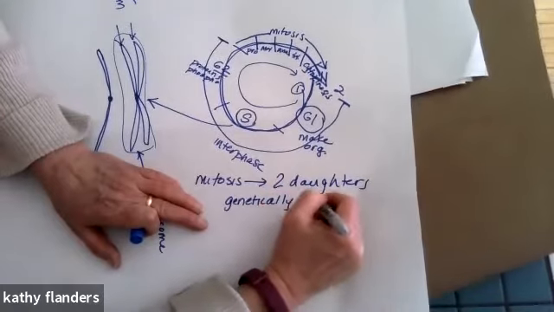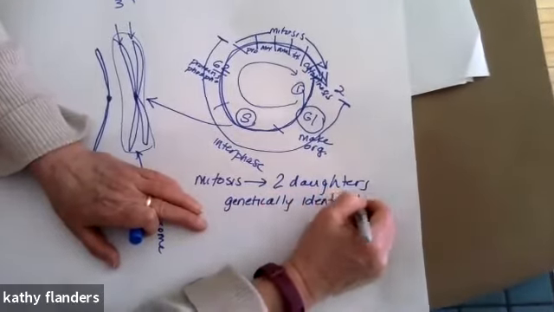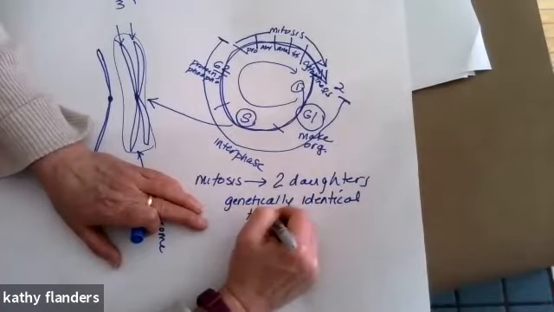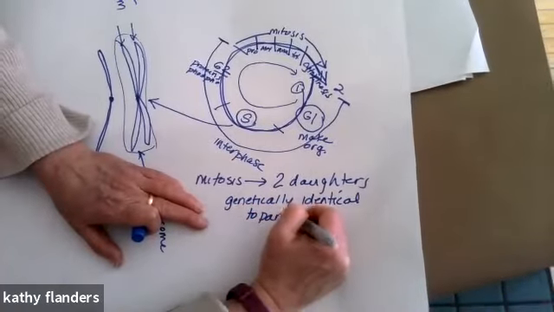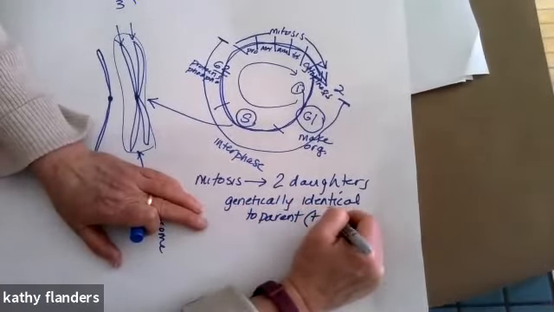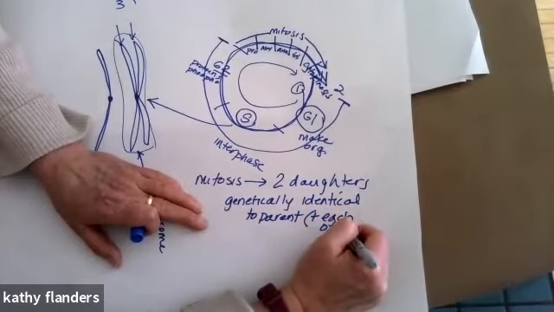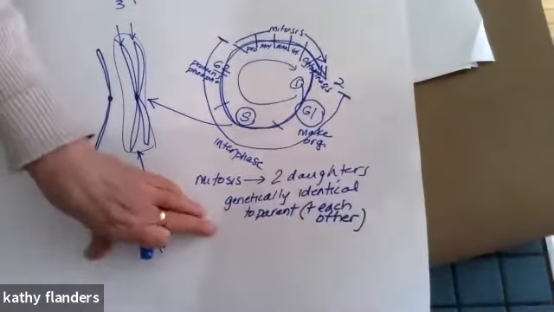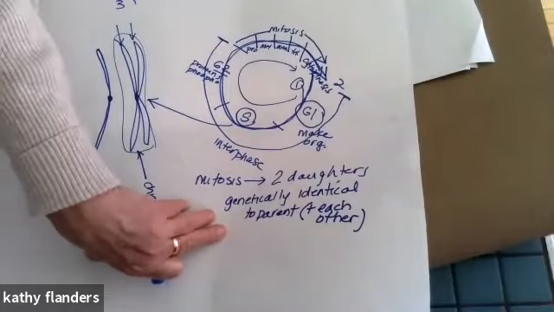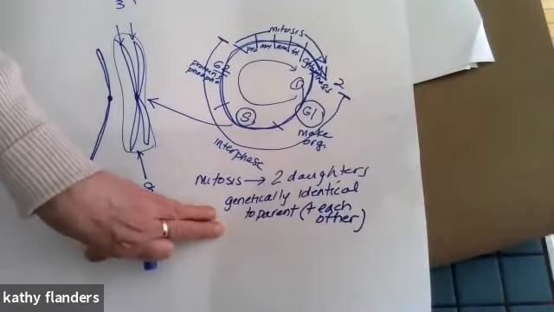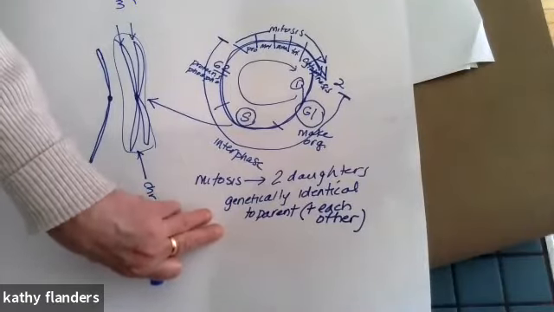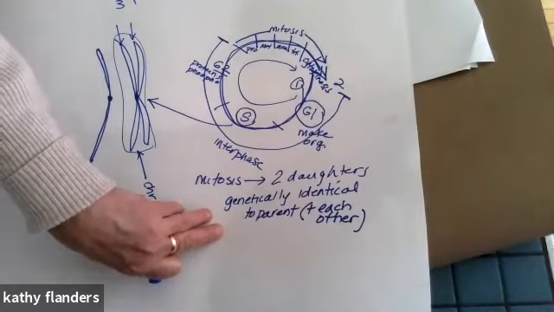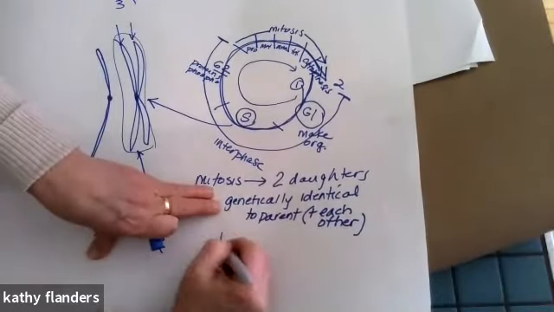Genetically identical to the parent and to each other. Now, the last term that we want to be reminded of here again is the term diploid. Diploid.